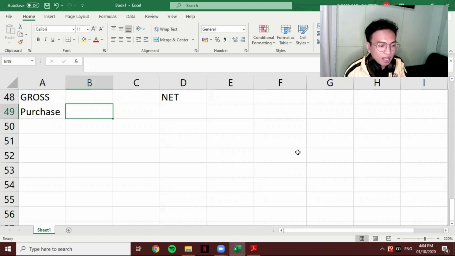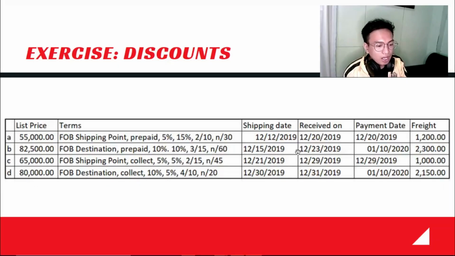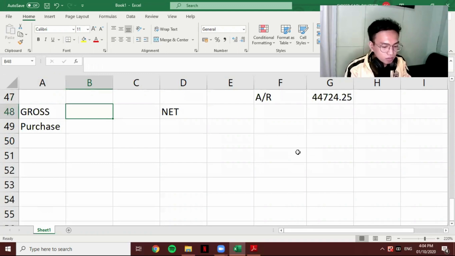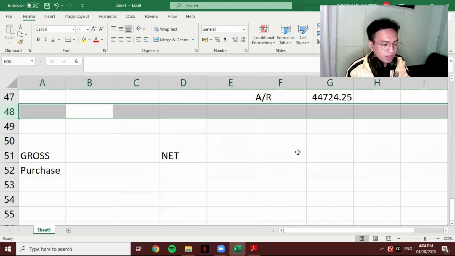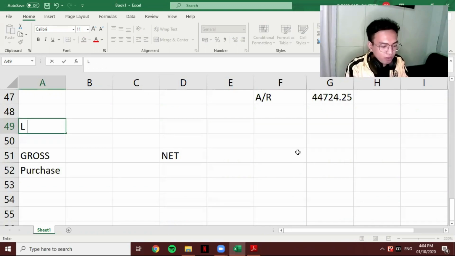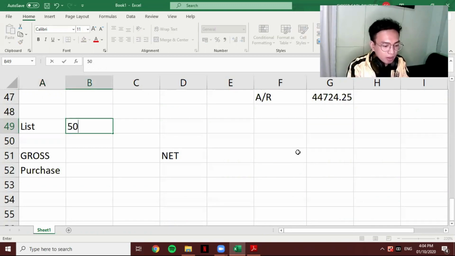So, let's make use of the gross method and the net method. Purchase sa gross muna tayo. Further, how much is our purchase? Let's compute. You have a list price amounting to 82.5 pala.